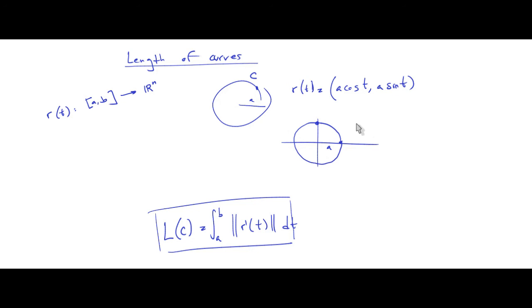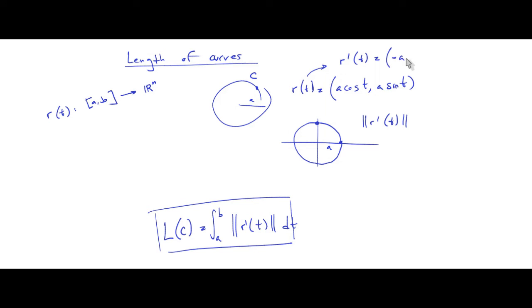Now, what's the length of r? It's obviously a. You can see a squared times cosine squared plus a squared times sine squared is equal to a squared, and the square root of that is a. But the derivative of that, we haven't seen so far functions with two components, but the derivative of that function is the derivative of the components.